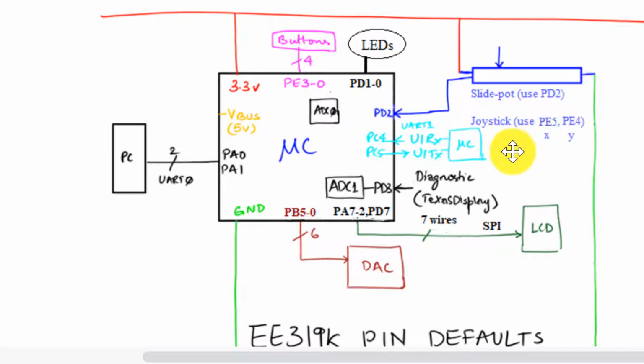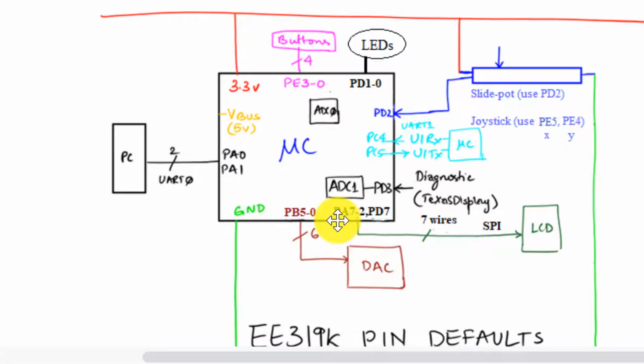If you interface a joystick, then we're going to use PE5 and 4. To do Lab 9, we're going to use PC4 and 5. As you know, PD3 is an analog input for the Texas scope.